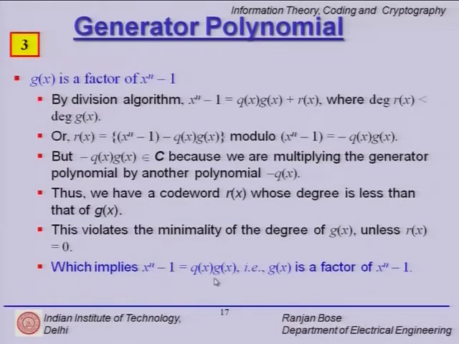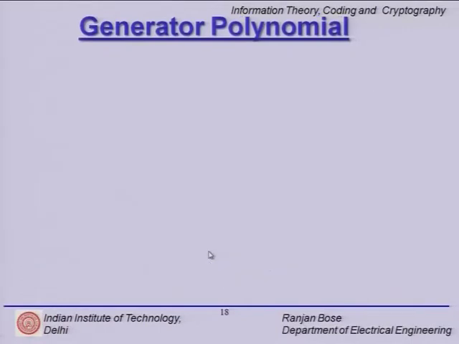Okay? And therefore, you factorize x^n minus 1 and you get q(x) times g(x). G(x) is definitely a generator polynomial of the cyclic code, and so is q(x), because it itself is a factor of x^n minus 1. So, we tried for one and we got the other one free.